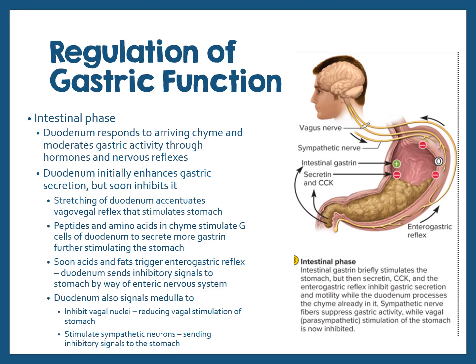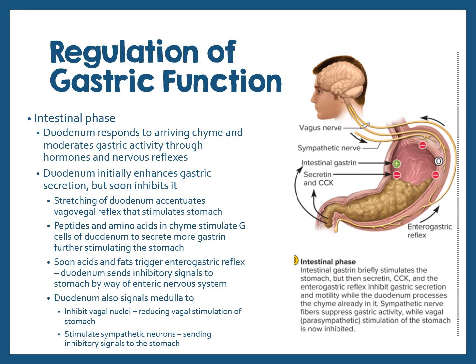The third phase is the intestinal phase. And so this is when the chyme is going to arrive in the duodenum. The duodenum will respond to that chyme by moderating gastric activity by using hormones and nervous reflexes. So the duodenum will initially enhance the gastric secretions.